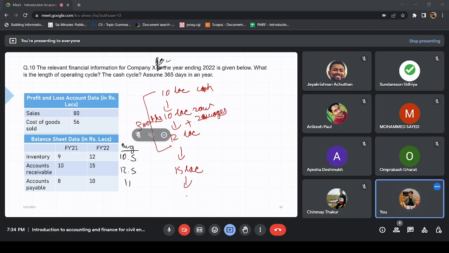Maybe it's not 10 lakh now, you are buying for 13 lakh, and from 13 lakh again you have 15 lakh of material, and you are selling it for 18 lakh. Another cycle, 3 months.